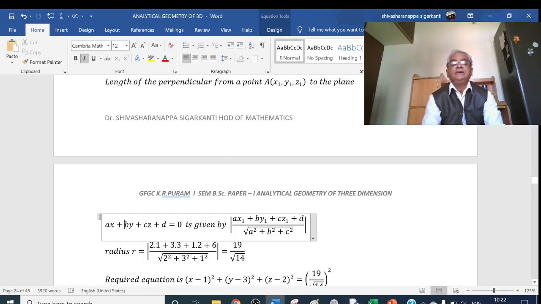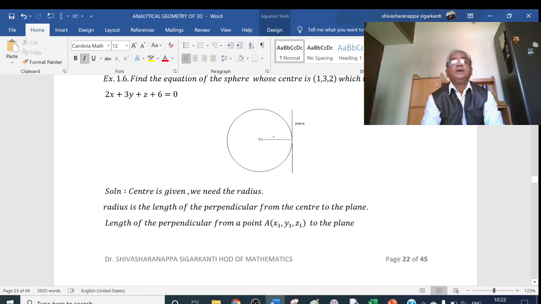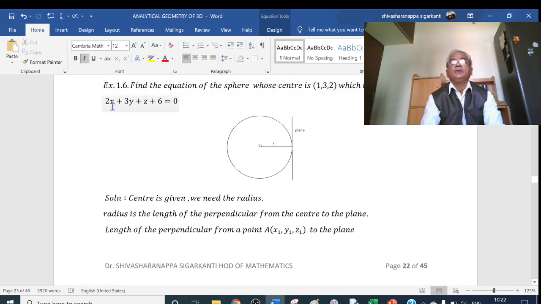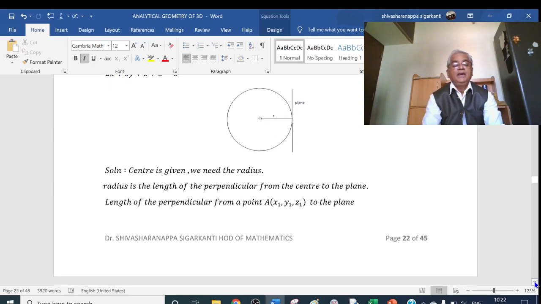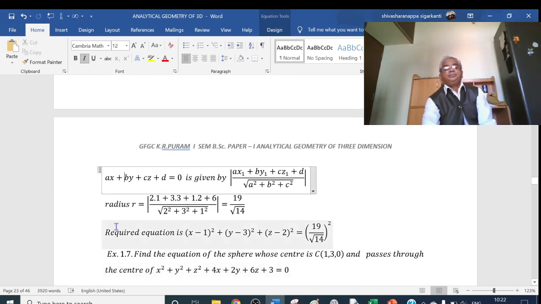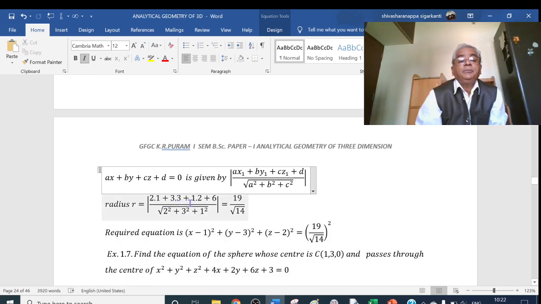The center is given here, (1, 3, 2). So in this we have to replace x by 1, y by 3 and z by 2, divided by root of (2 squared plus 3 squared plus 1 squared). So the radius is equal to (2 into 1 plus 3 into 3 plus 1 into 2 plus 6) divided by root of (2 squared plus 3 squared plus 1 squared). The numerator is 2 into 1 is 2, plus 9 is 11, plus 2 is 13, plus 6 is 19.